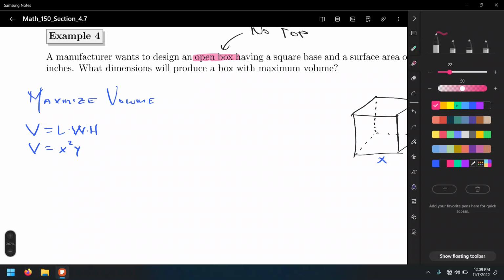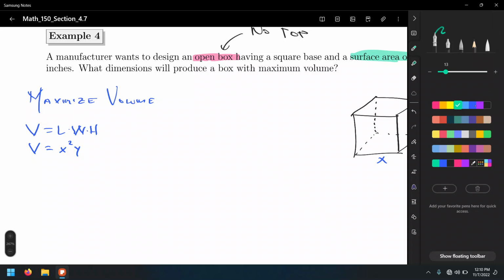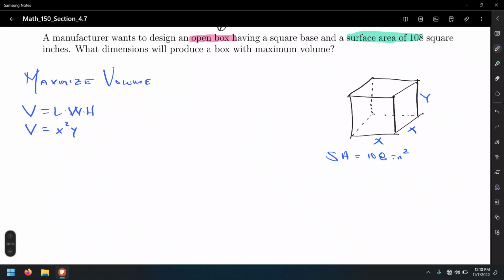That's the other piece of information. The surface area equals 108 square inches.